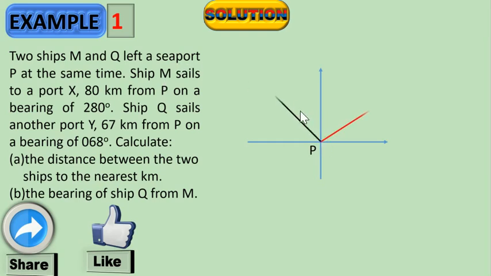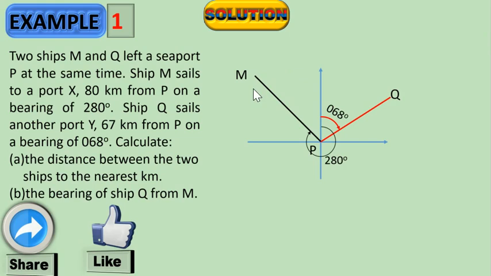While M is sailing on a bearing from the north of 280, Q is sailing from the north on a bearing of 68. So from the north, 280 is the bearing of M. Also from the north, 68 degrees is the bearing of Q. So they are sailing in different directions.